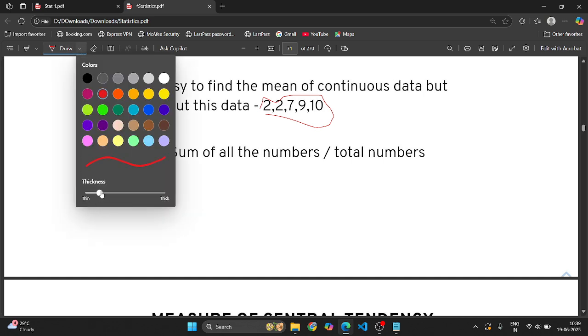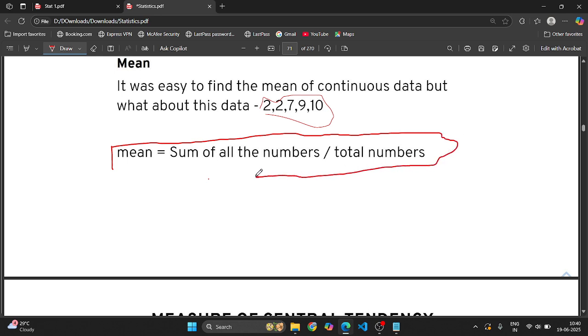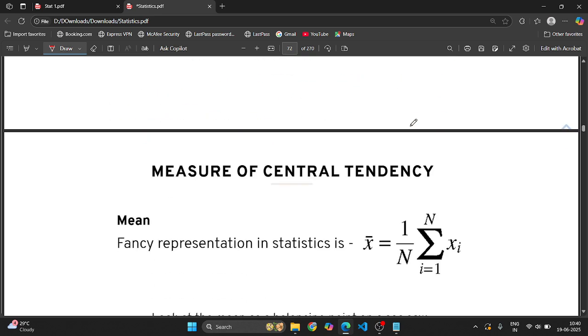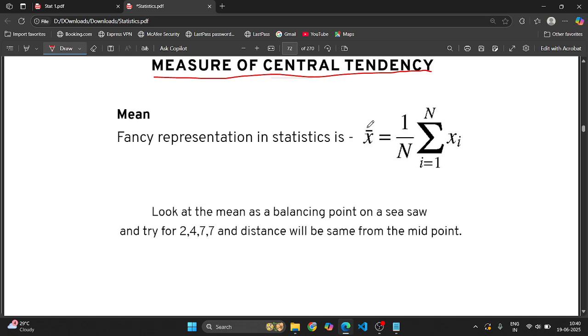So this is the formula. The mean is equal to the sum of all numbers divided by the total numbers. The fancy representation is nothing but the mean only.